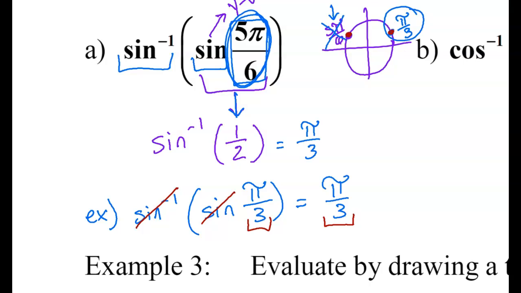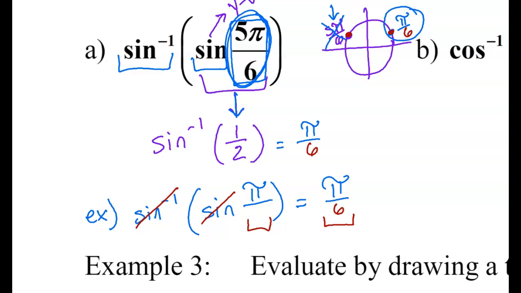But doesn't pi over 3 have an x? Oh, shoot. Thank you. It's not pi over 3. I drew the right angle, but what is that angle actually? Oh my gosh. I'm looking for the y value of pi over 6.